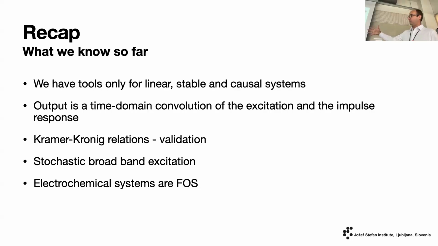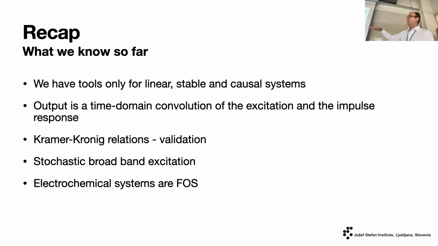In order to check this, I've shown you that you can use the Kramers-Kronig relations. It doesn't matter what kind of implementation you use. I showed here Z-hit. If you have another implementation, you can use it. But the message that I would like to convey to you is, be sure to validate your impedance data before doing any further analysis.